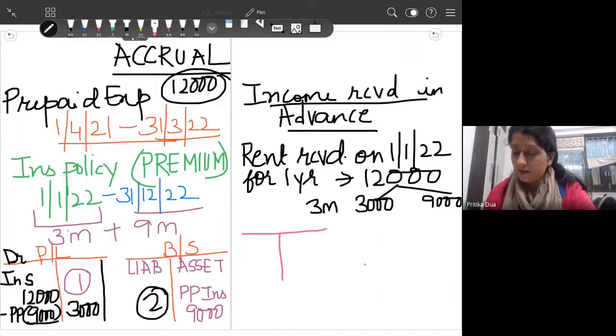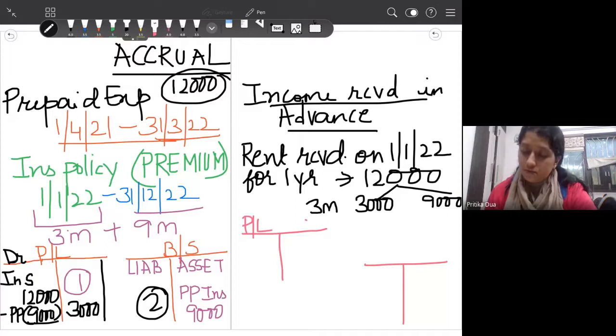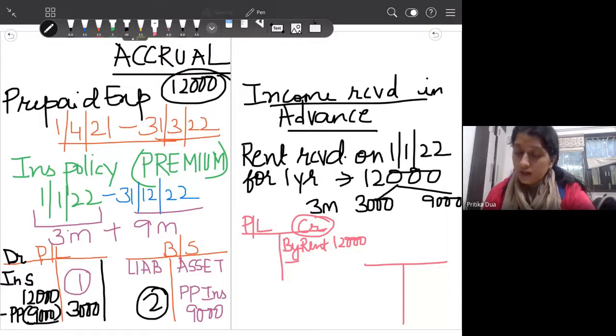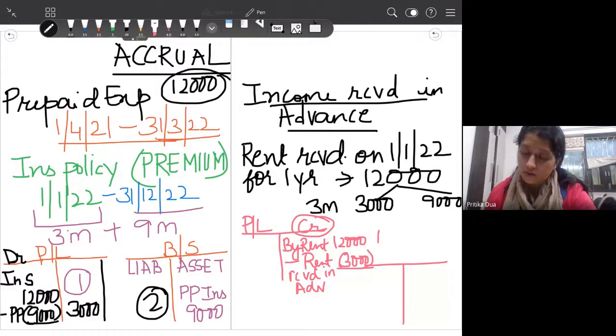Two impacts, one in the P&L account. This is an indirect income for the firm. We move to the credit side. There, by rent received, the amount will come 12,000, but this year's amount is only 3,000. So now the rent received in advance, this 9,000 you will deduct from here, and in the outer column of the P&L account your amount will come 3,000.